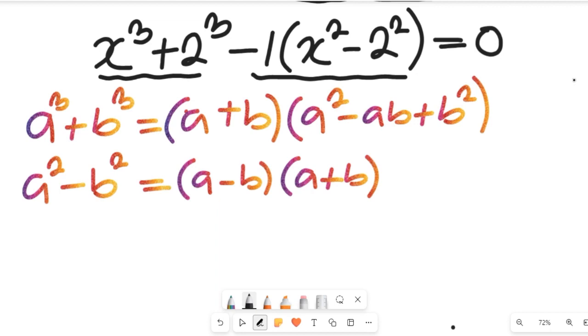To apply this algebraic formula, I want you to remember that a will be equal to x, and then we'll have b to be equal to 2.